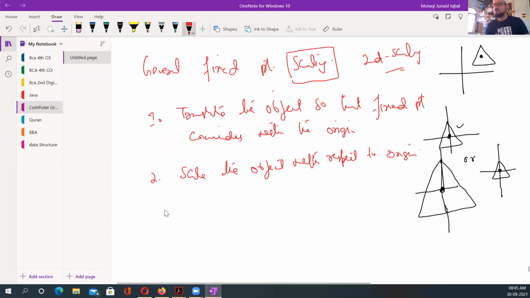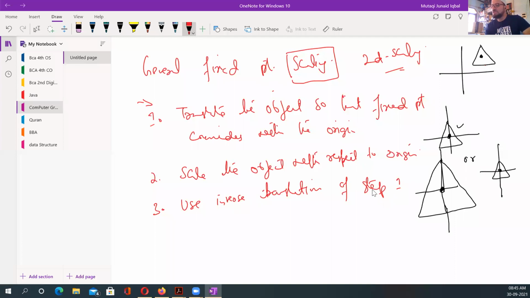So what should we do in the third step? Translate. Translate where? To its initial position, its original position. Exactly. I'm trying to write the exact words of the book. So we say use the inverse translation of step 1, because we had to get it back exactly where it was.